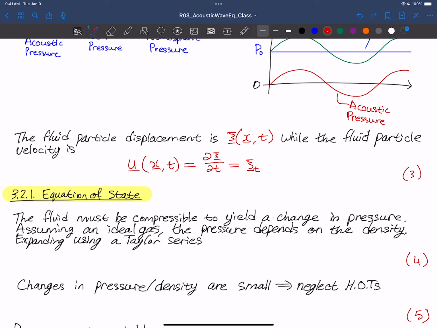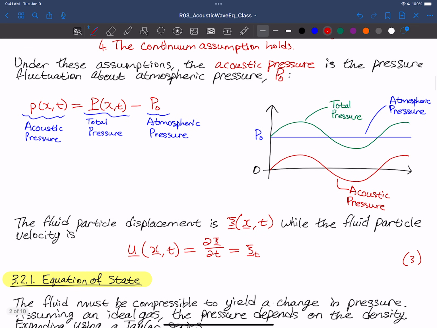So acoustic pressure and pressure in general is a scalar quantity, but it's a function of the vector x. If we come back up here, x should be a vector, meaning that it's a three-dimensional point in space, but the pressure itself at that point is just a scalar variable. Whereas the fluid particle displacement is a vector function of a vector and time. So that means that at a particular point in space, the fluid particle displacement itself is different in each direction.